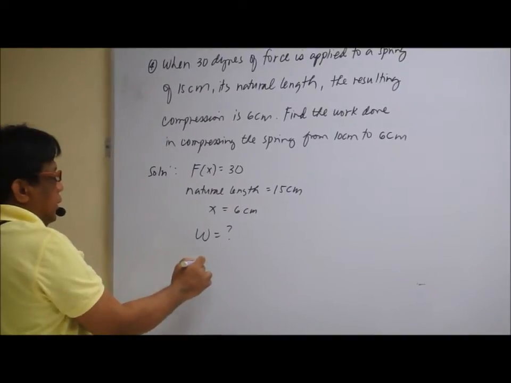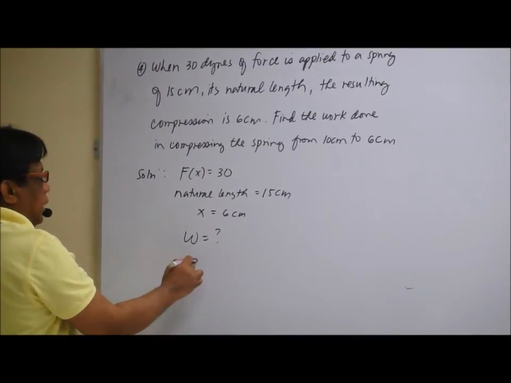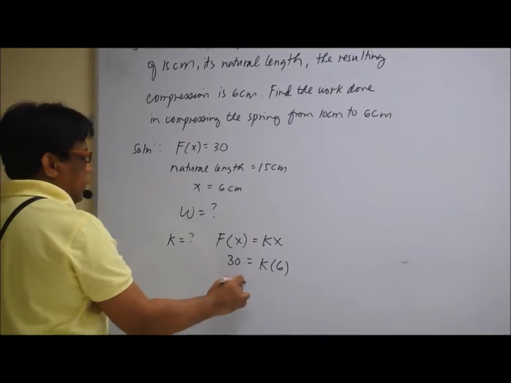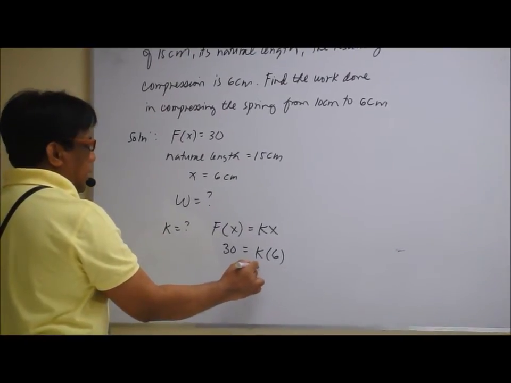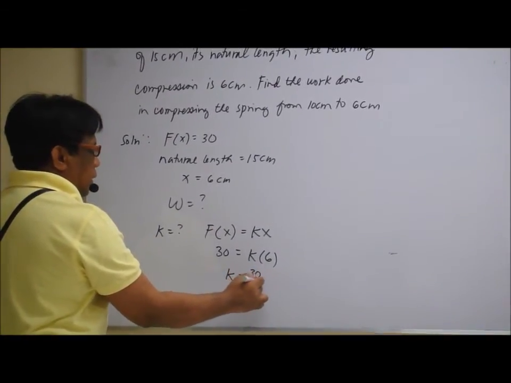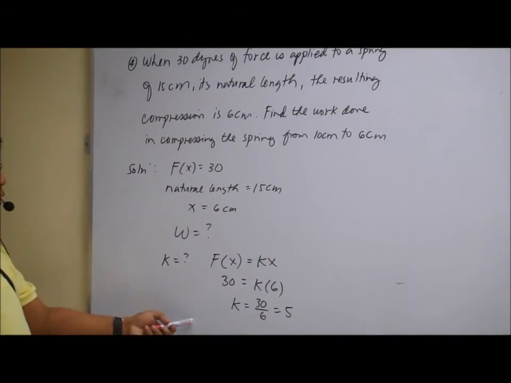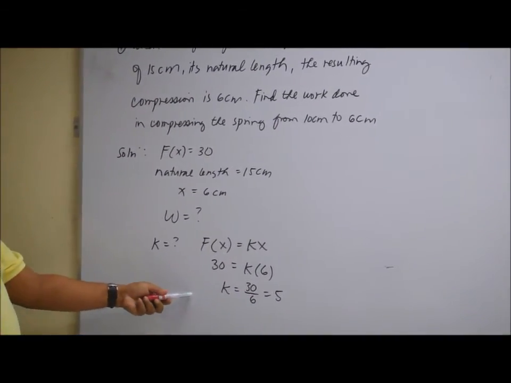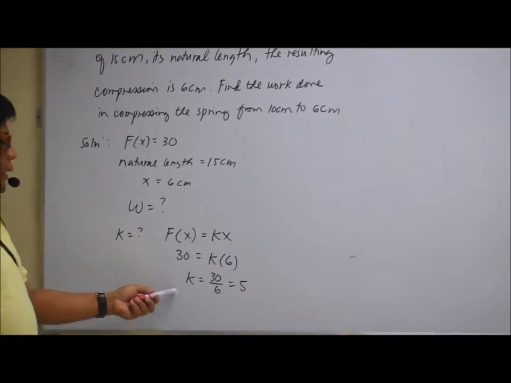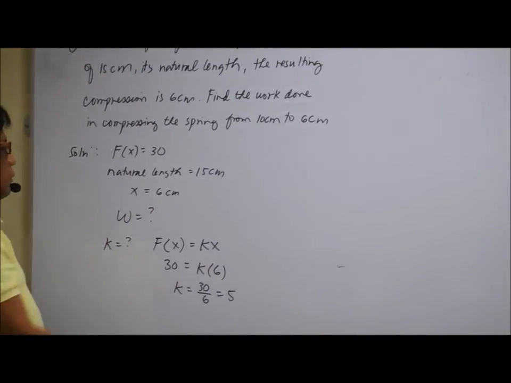So the first thing to do is to find k, using the given. Solving now for k, we have this as 30 all over 6, or 5, okay? And then from here, we now use this spring constant to define the work done.